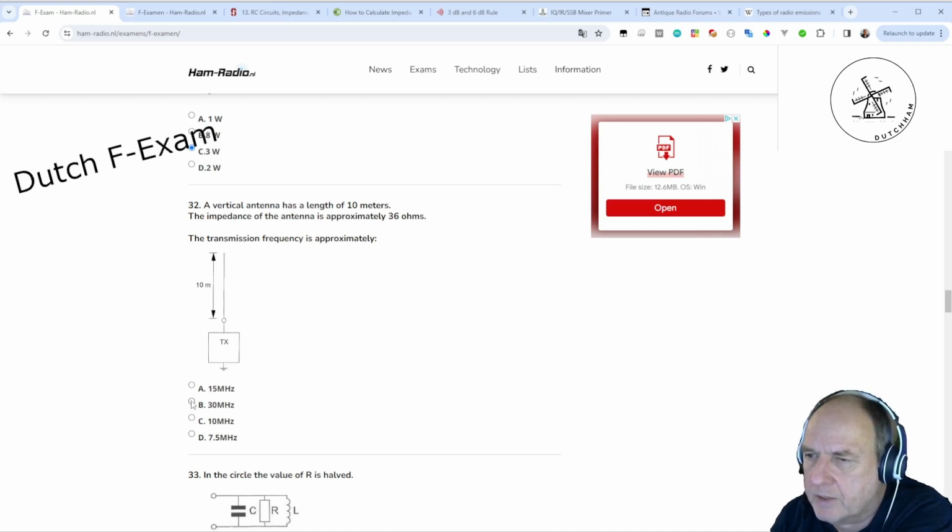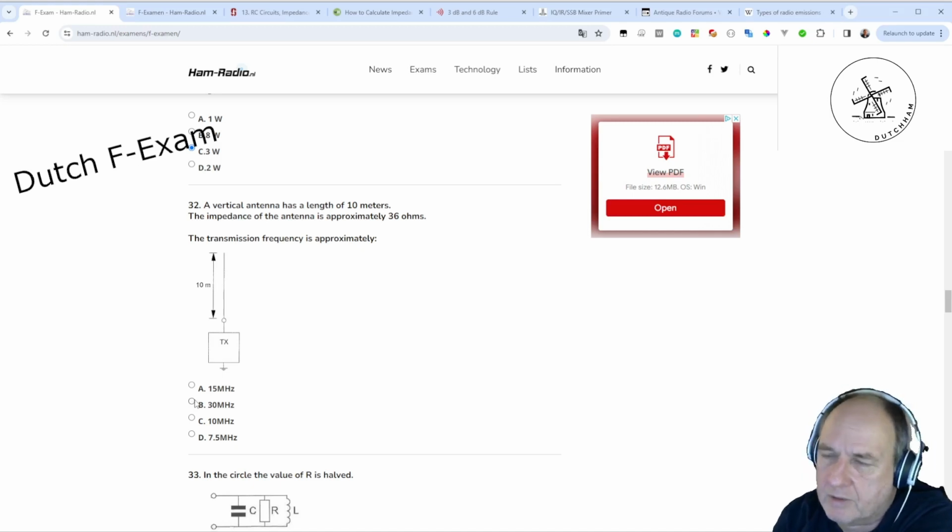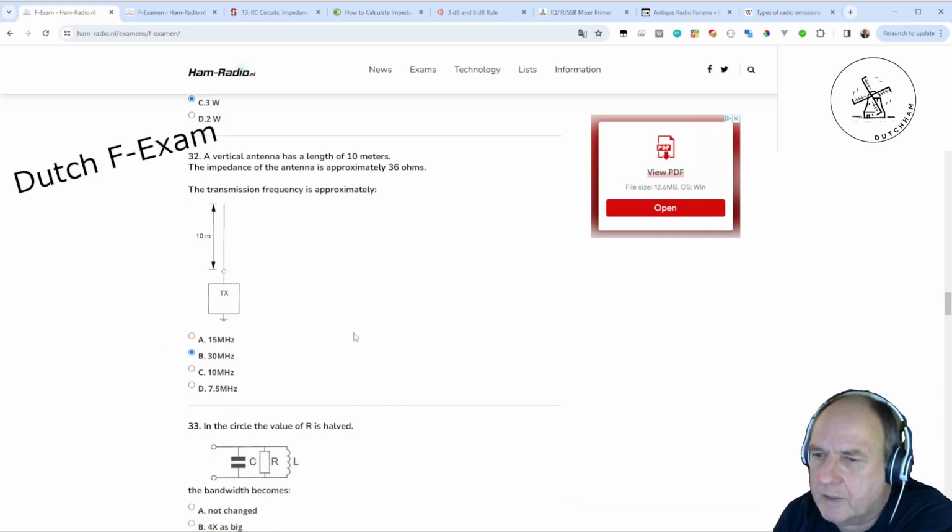Just a simple calculation. In Europe it is a little different, a little easier because of the metric system. So then it's just 300 divided by 10 is 30 megahertz. Yeah, we'll go for that.